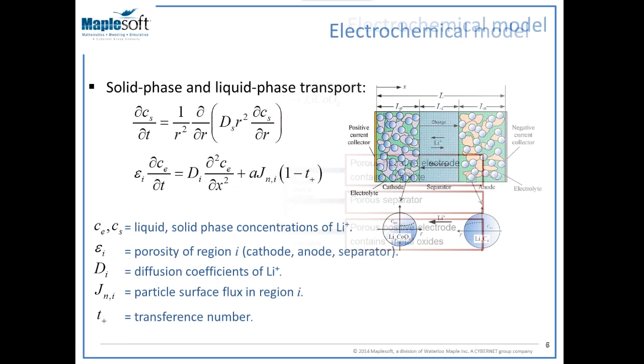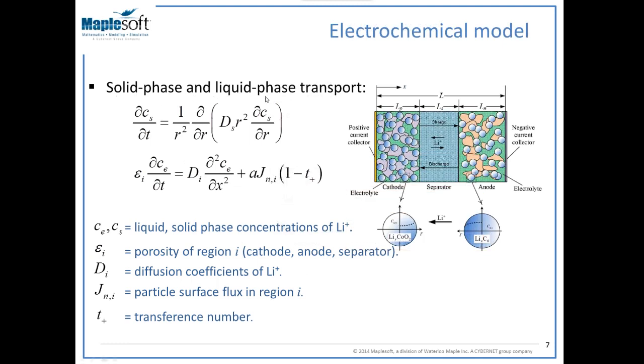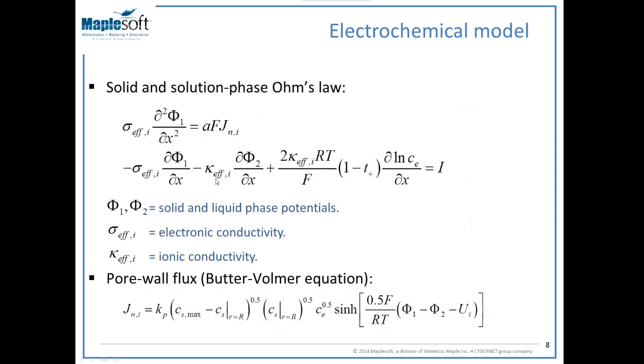For example, the partial differential equations that you see here describe the mass transport, or the concentration, of lithium ion in the solid phase and the concentration of lithium ion in the electrolyte phase. So the mass transport of the lithium ion is described by these two partial differential equations, and we can also describe the distribution of electrical potential in solid and electrolyte phase using these two partial differential equations as well.